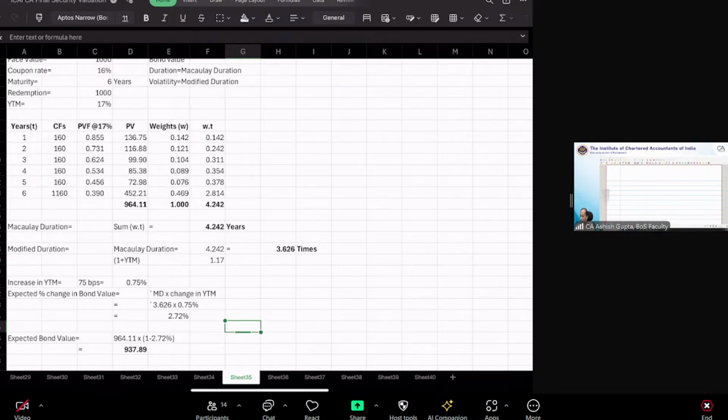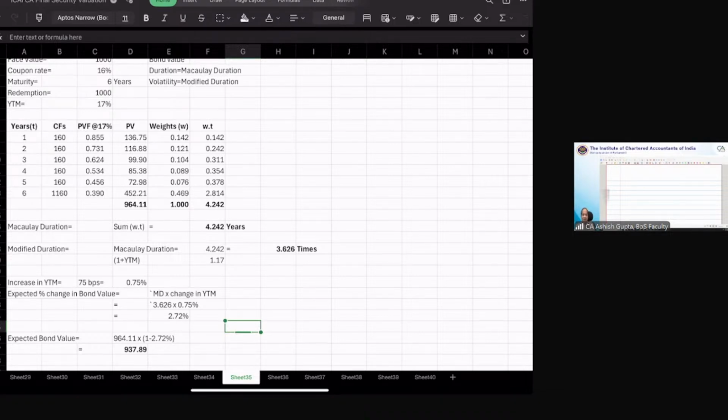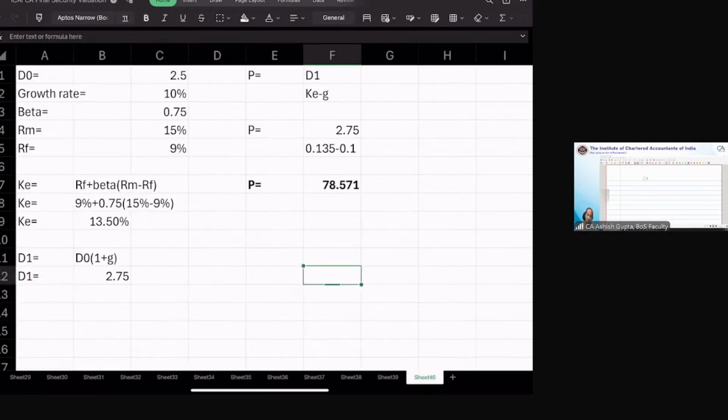And one more thing, in the last question that sir has covered, you have observed that we are applying the CAPM model. This is called the capital asset pricing model. This CAPM model will be discussed in more detail when we take the chapter of portfolio management. So you can see that any question can be a combination of more than one topic.